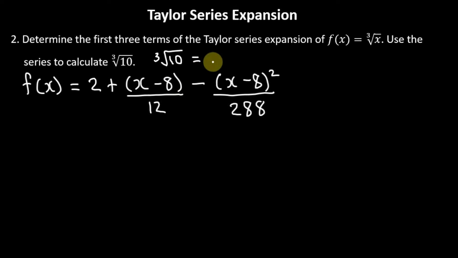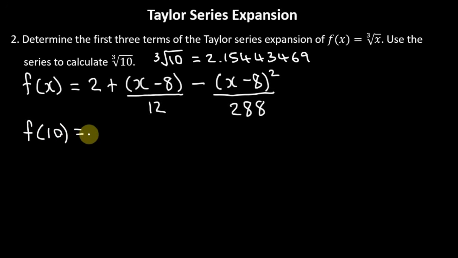Now the value that I got from my calculator was that the cube root of 10 was 2.15443469. So that's the value that I got, guys. So let's see how close the Taylor series expansion result will be. So I want to find this cube root of 10, so I'm going to plug 10 into the series here.